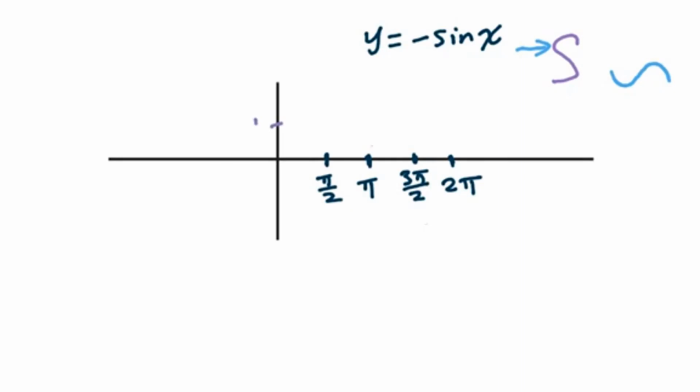This is a 1, here's negative 1. Then try to find 5 points: 1, 2, 3, 4, 5. Then connect these 5 points. That's the graph for negative sine x.